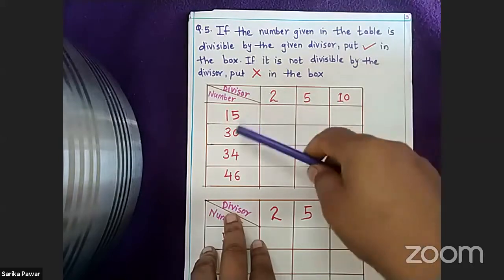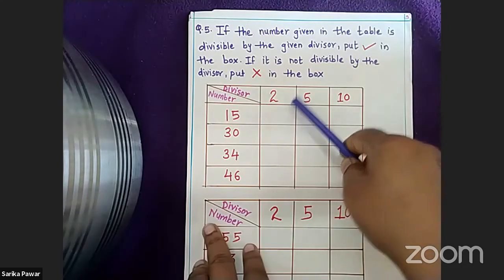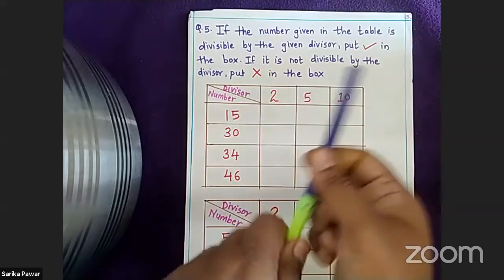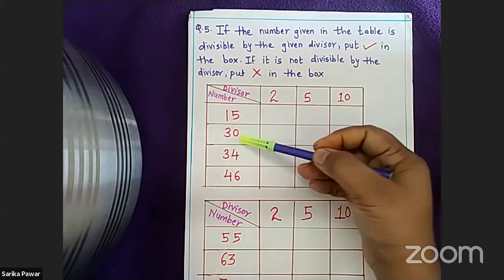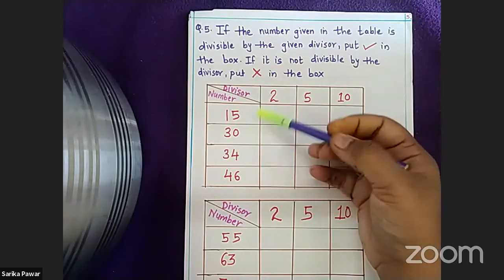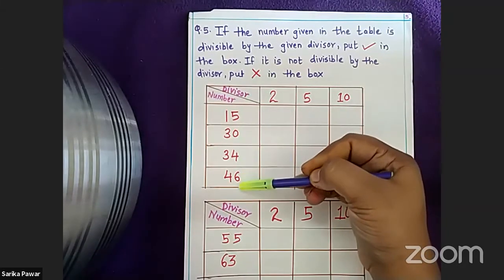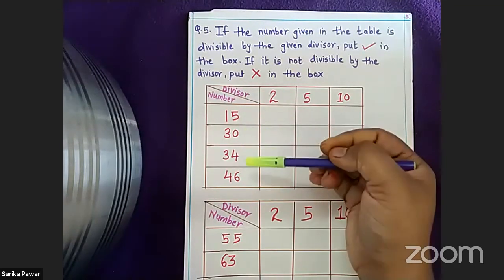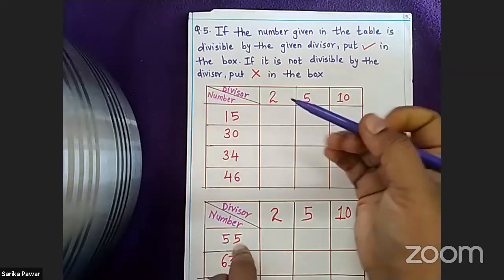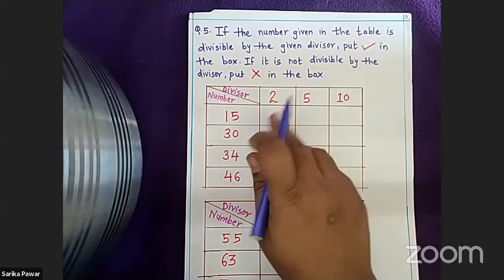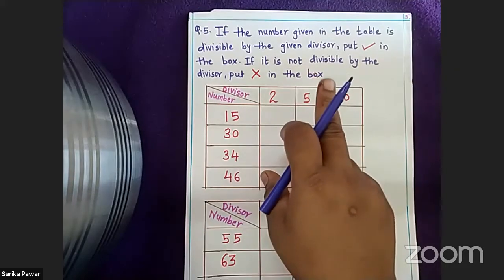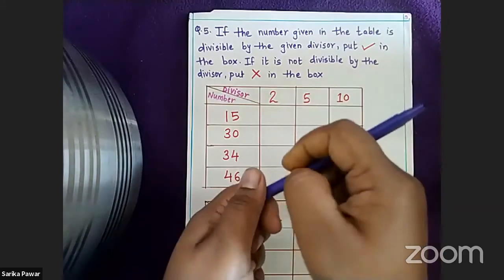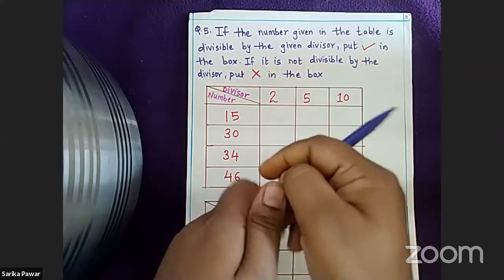So here are 15, 30, 34 and 46. All 4 numbers are given. We have to check the test for divisibility by 2, by 5 and by 10. One by one I will ask you the questions and you just have to answer.